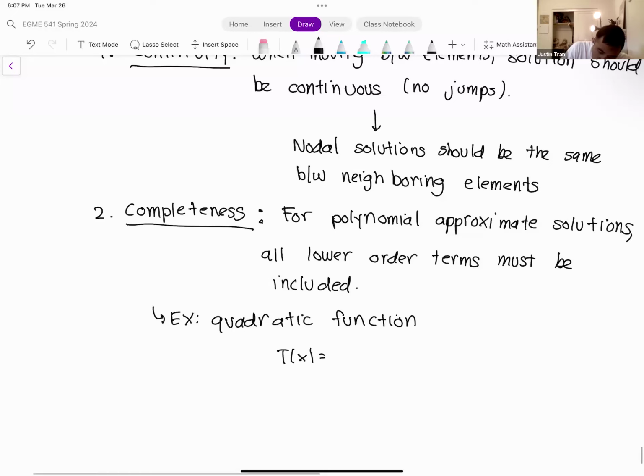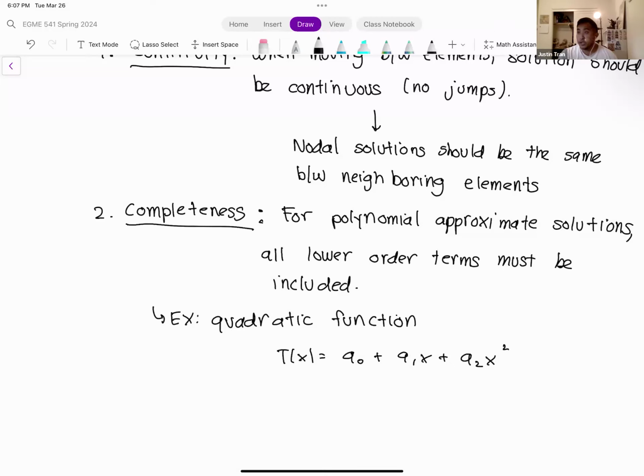So not only do we need an x squared term, we also need a linear term, an x term, as well as a constant term, which has no x, right? So a0 plus a1x plus a2x squared. So we have to include all of those terms in order for the polynomial to be complete.